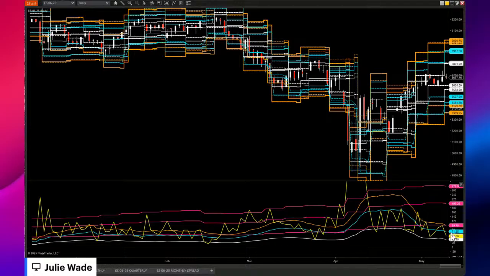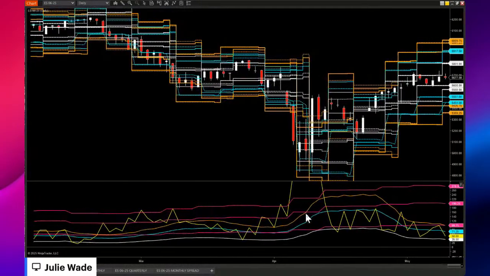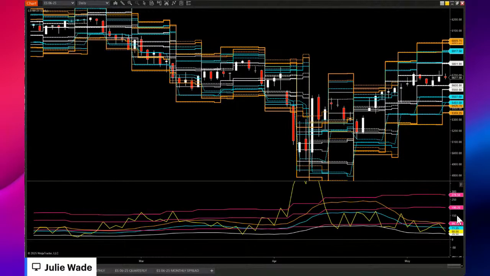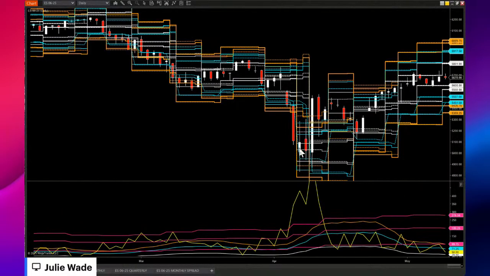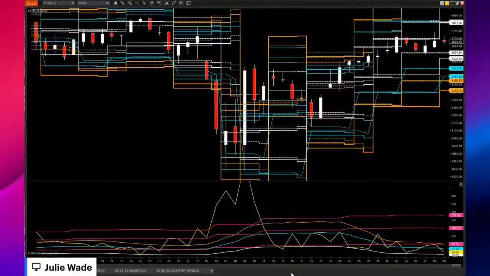And you see how the volatility's been crushed coming down, going into the end of the week, and how big the volatility got outside the range during that tariff tantrum. But otherwise, the volatility really respects these weekly levels.